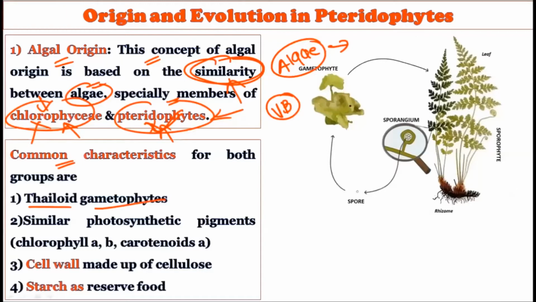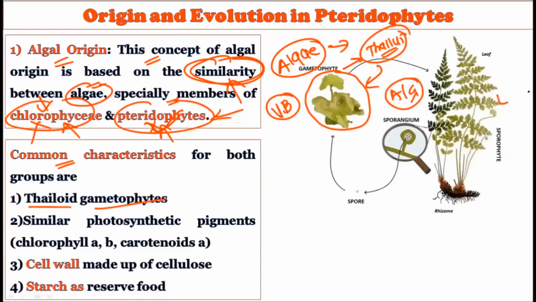We have studied the pteridophytes, and in the alternation of generation in the pteridophytes, you will find the gametophyte which is thalloid. There is a thallus-like structure which forms the gametophyte in the pteridophytes. So in the alternation of generation, there is a sporophytic generation which is differentiated into root, stem, and leaves, but the gametophyte is thalloid.